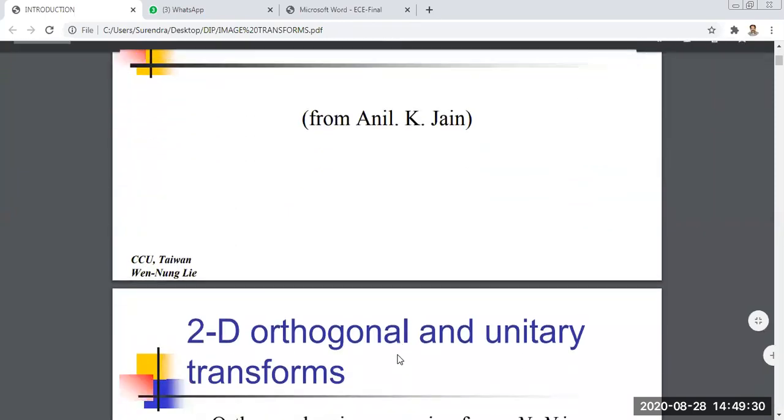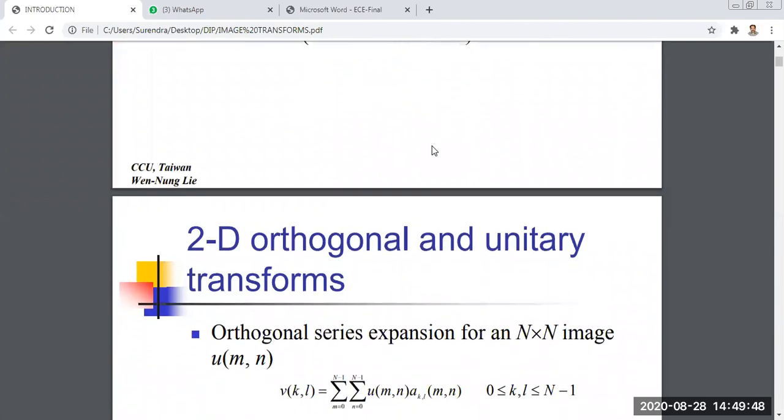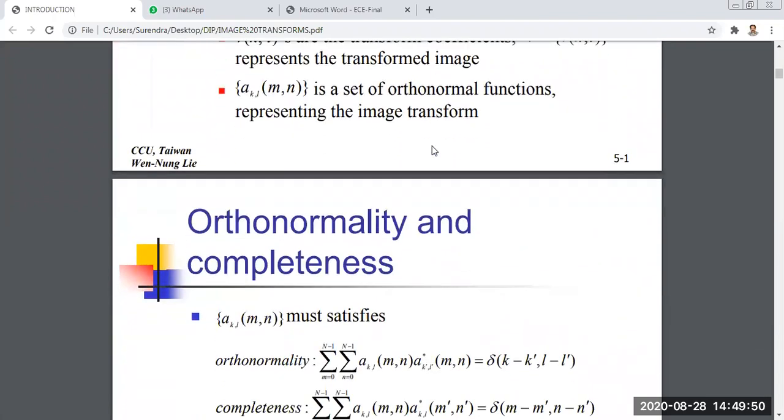He is one of the authors. Actually, the Fourier transform techniques are not available in R C Gonzalez. So if the textbook is available, go through Anil K Jain. Even if it is not available, I will definitely share this document through WhatsApp to you. So download it yourself and go through it.